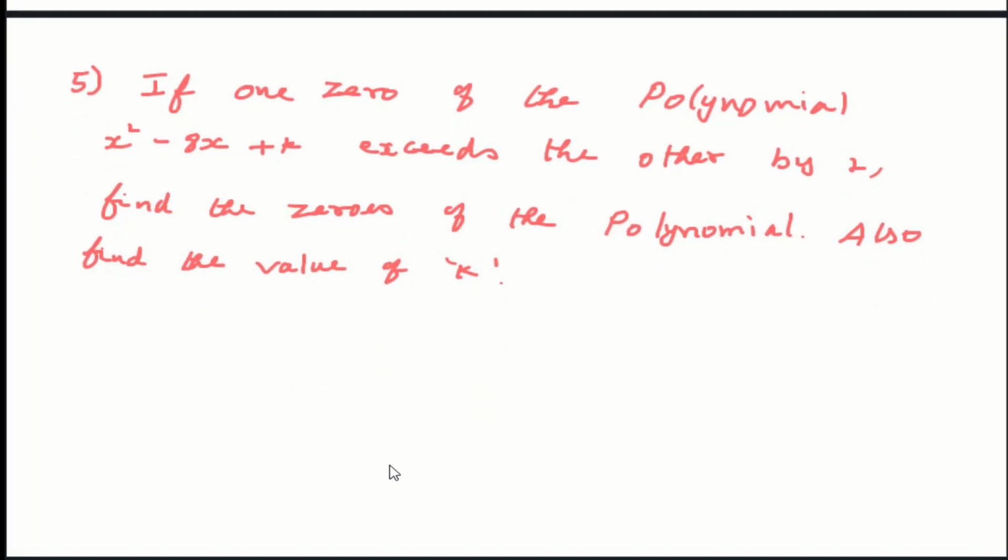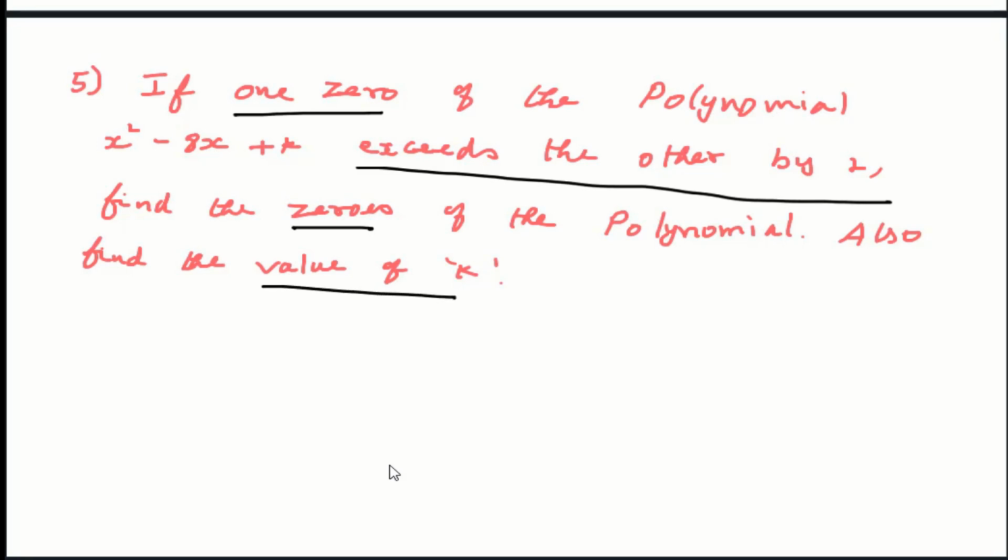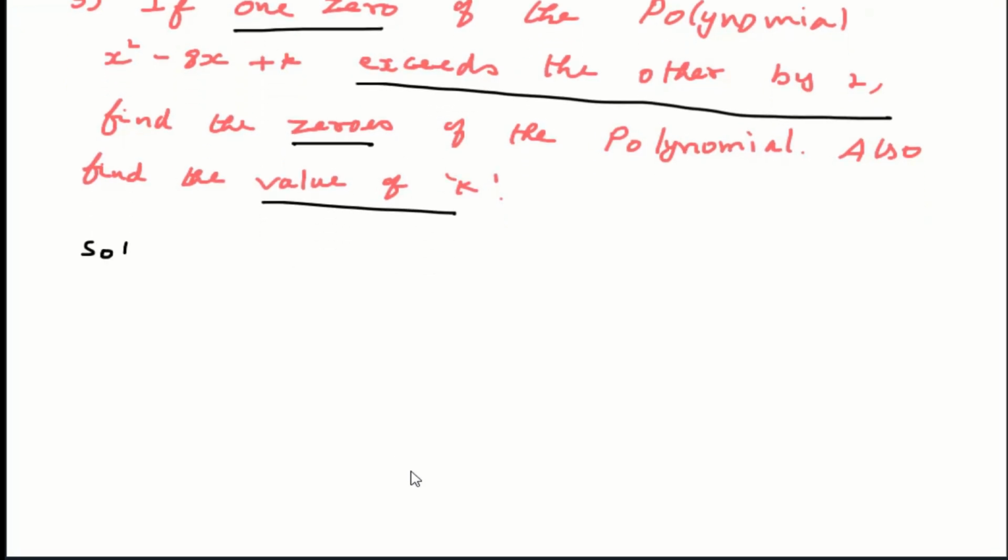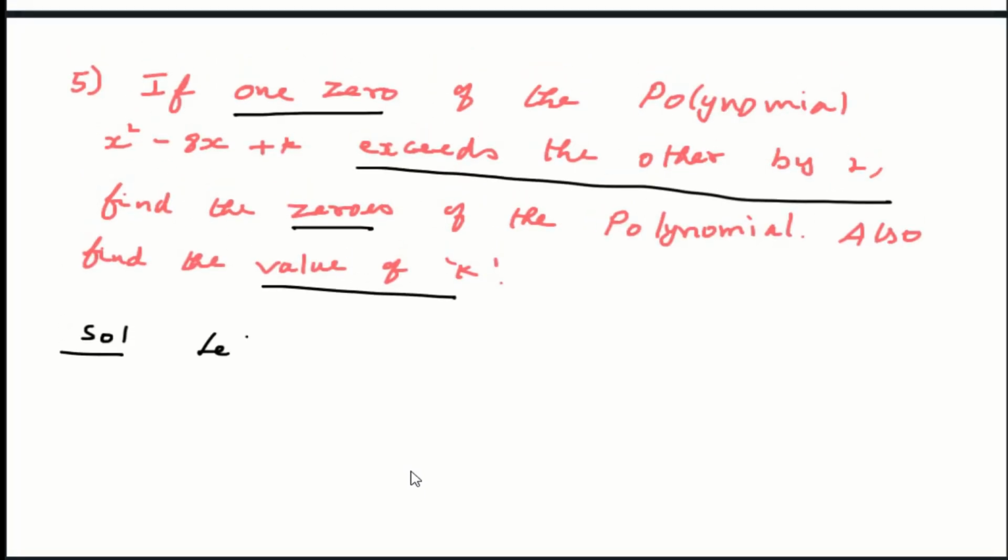Question number 5. One zero of the polynomial exceeds the other by 2. Find the zeros, find the values. So I have to find what are the zeros also, he has asked me. Then you have to find what is the value of k also. So let us try to solve one zero. So let the zeros be alpha, and the other one exceeds the first by 2, so I can take it as alpha plus 2.